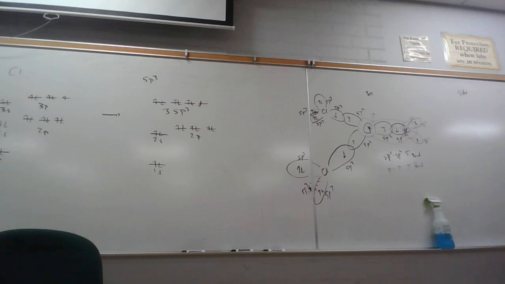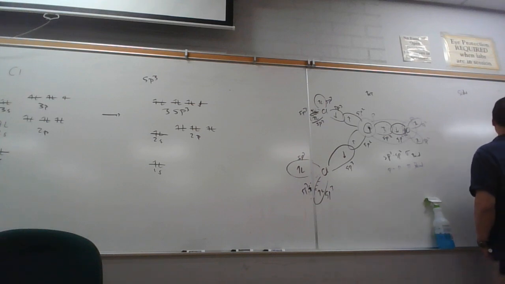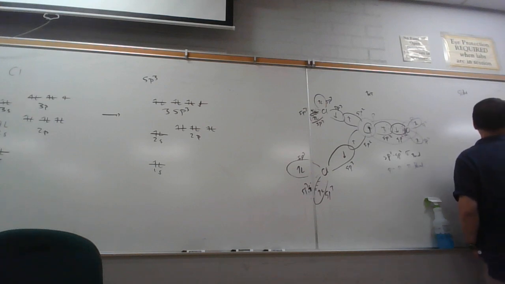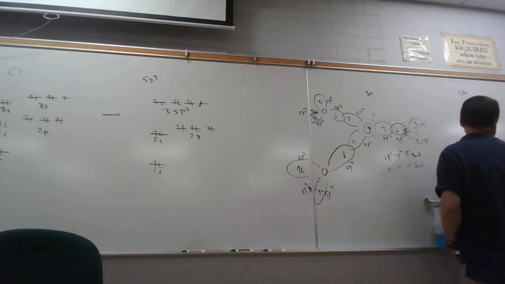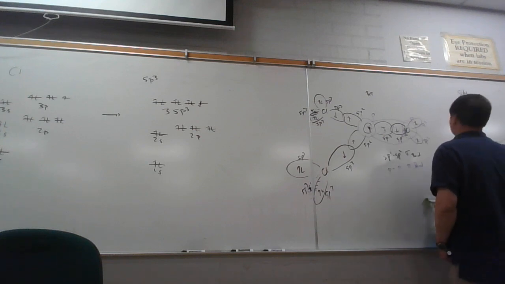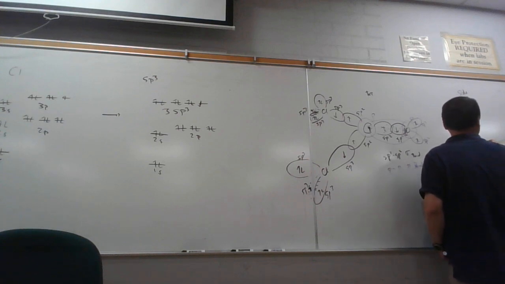In fact, with these sigma bonds, I'll show it here. Carbon's sp2 orbital is slightly bigger. Now I'm going to look at these side views. So this sp2 is going to stick out. This sp2 is going to stick in.